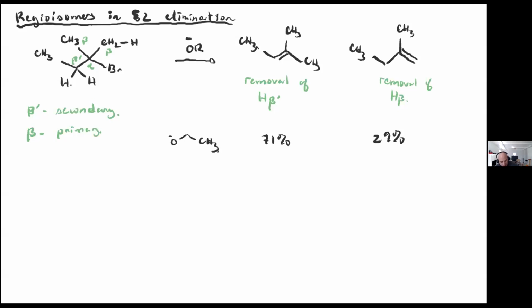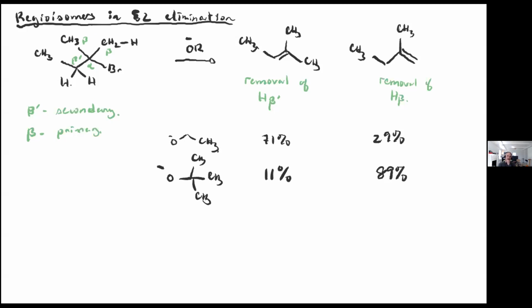But if we bulk up the base, again, go to T-butoxide. Okay, now it's much bigger, and those beta prime protons are less accessible. So we get about 11% of the more substituted alkene and almost 89% of the less substituted one.